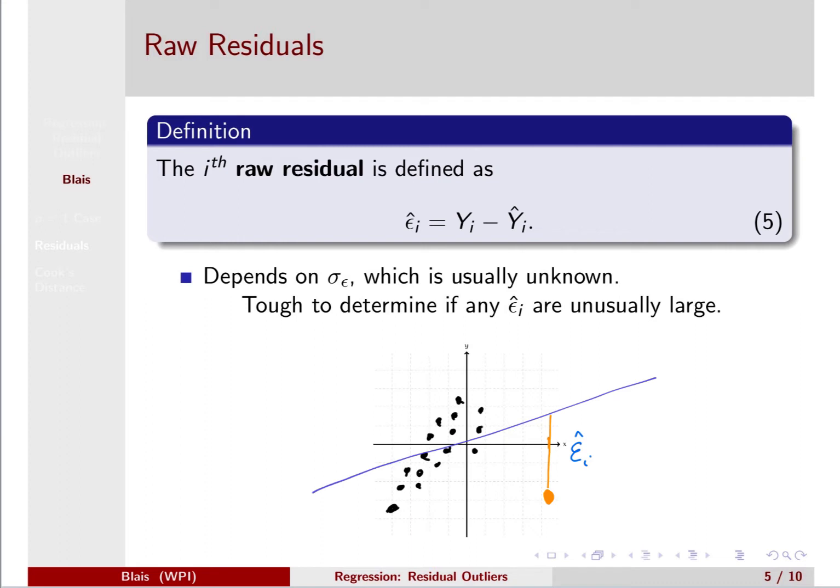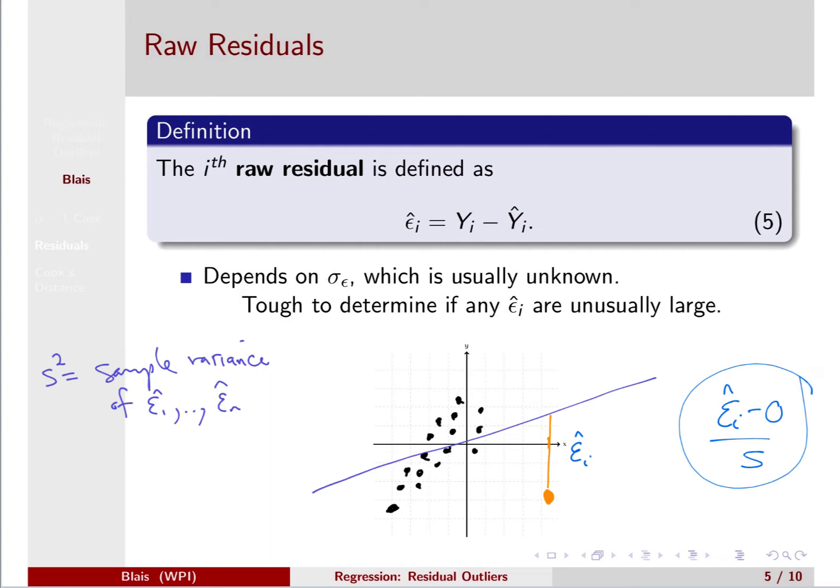But what we can do is calculate the sample variance of those raw residuals. We usually call that s squared, and then use the sample standard deviation s to make a z-score here. And so epsilon i hat minus the theoretical mean for the white noise, 0, over s gives us a new type of residual that should have a variance or a standard deviation of approximately 1.